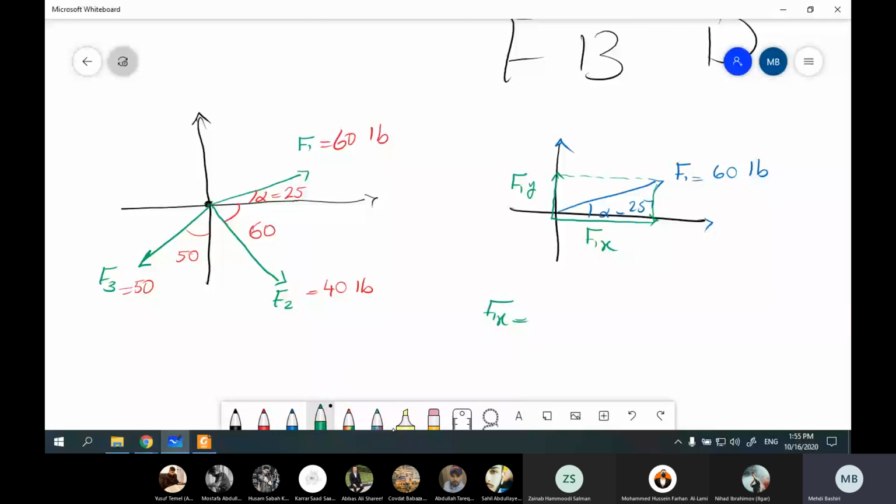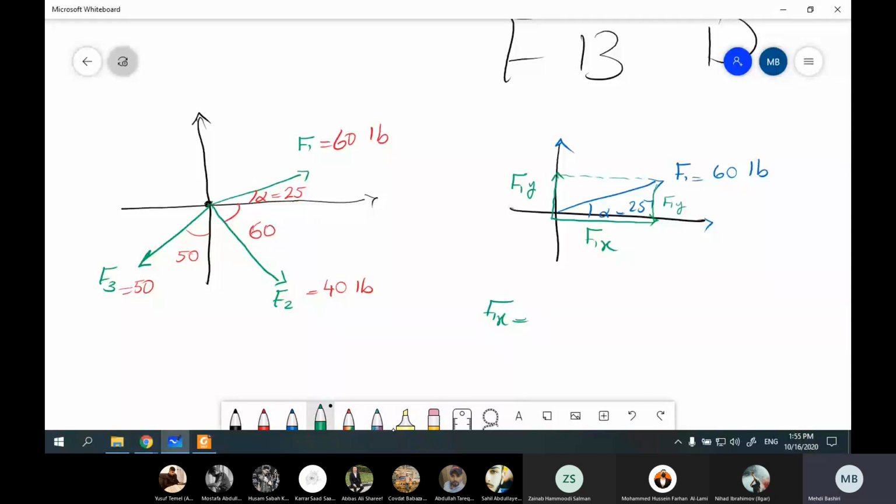I'll call it near and far. This is F1y. As I said, these are parallel and they are equal. So F1x is near the angle and F1y is far from the angle.